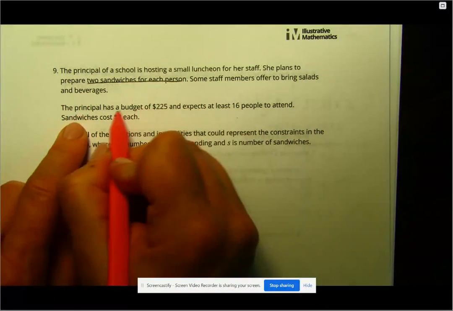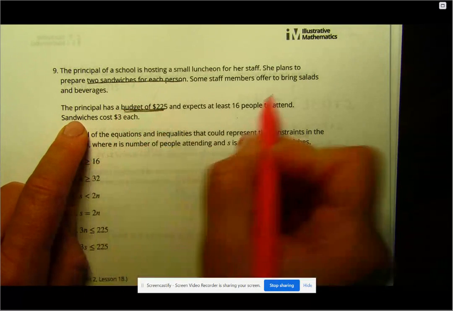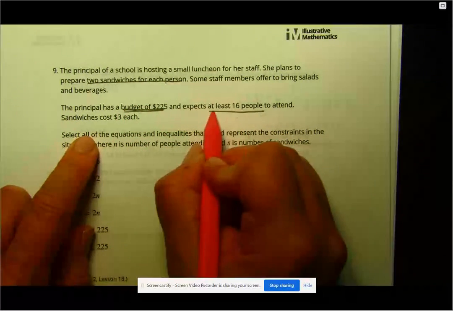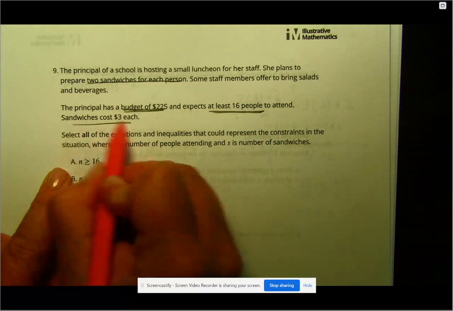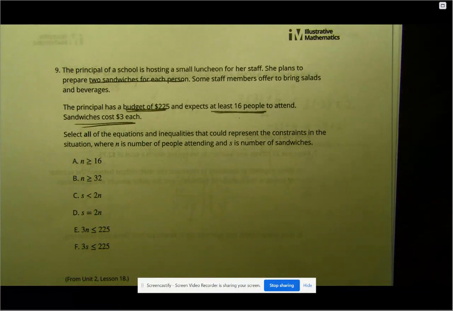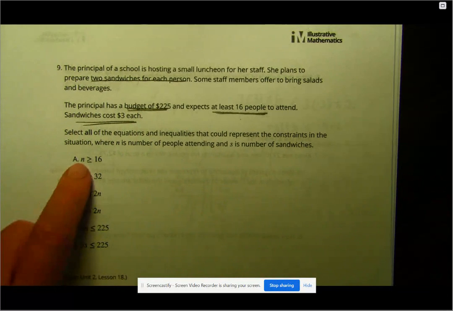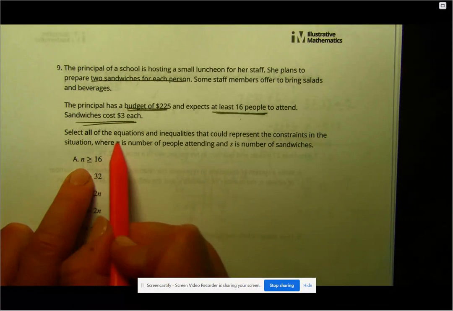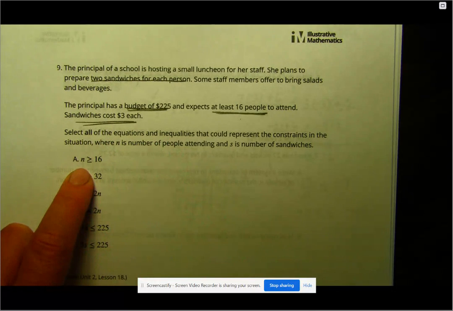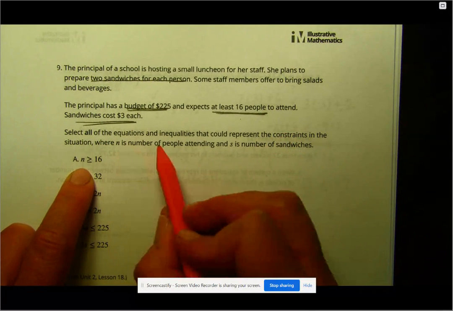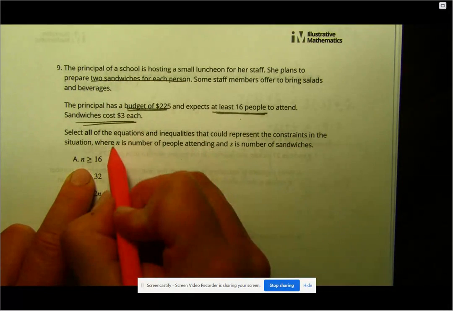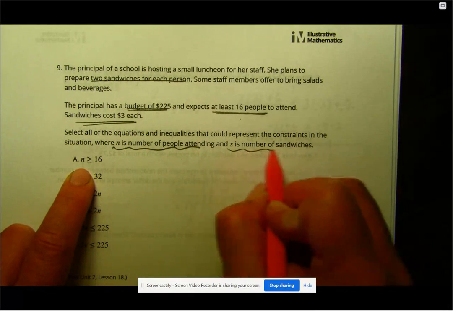She has a budget of $225 and expects at least 16 people to attend, and the sandwiches cost $3 each. So from here, it says select all of the equations and inequalities that could represent the constraints in the situation, where n is the number of people attending and s is the number of sandwiches.